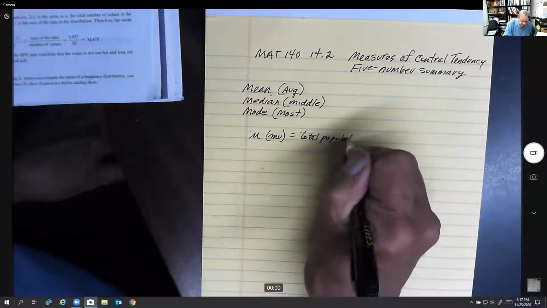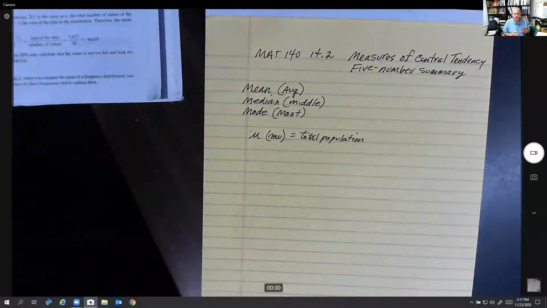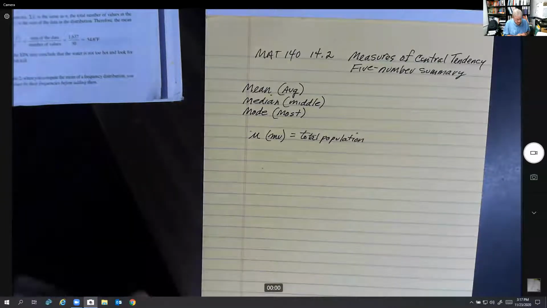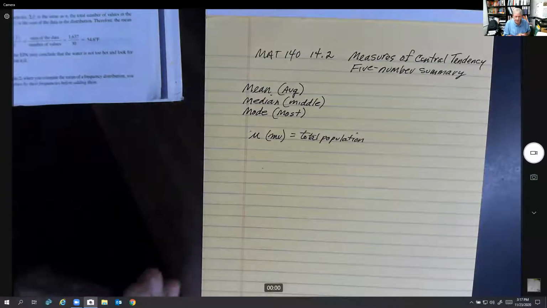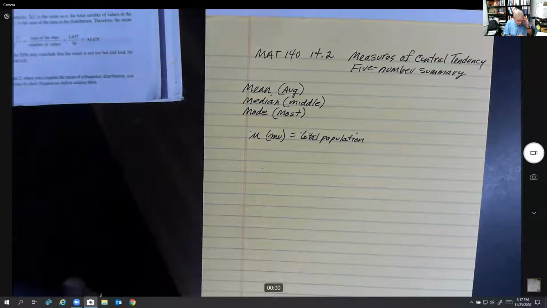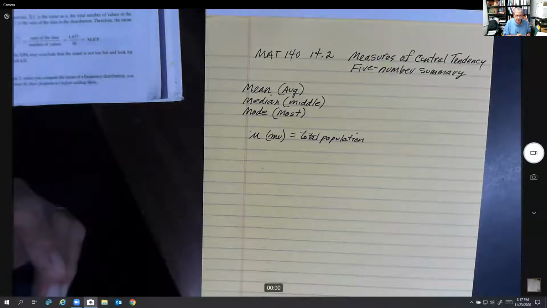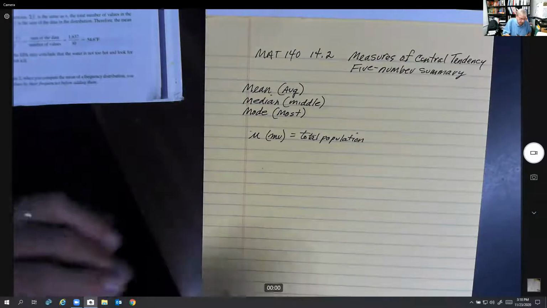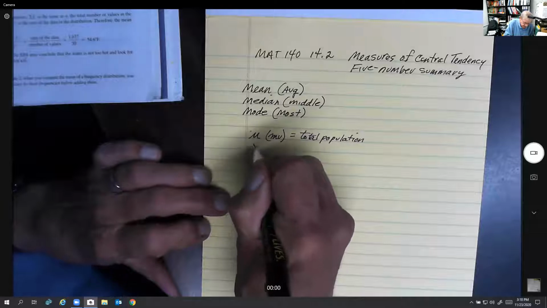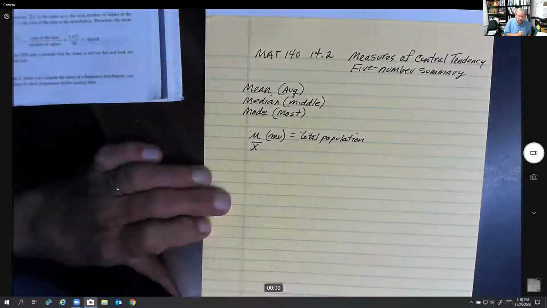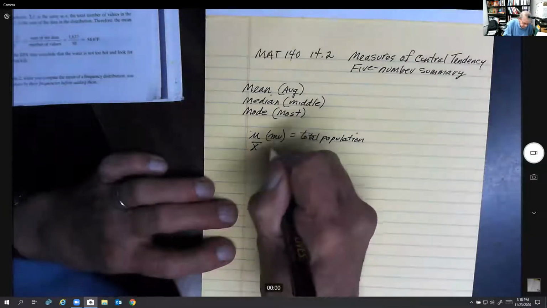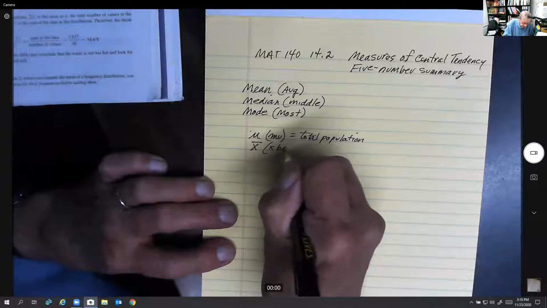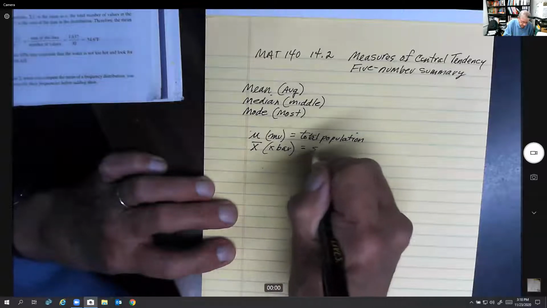It would be maybe a small group of people, 8 people or something, then that would be the total population. But most of the time, we're talking about a sample population. And when we want the mean of a sample population, we call it X bar.